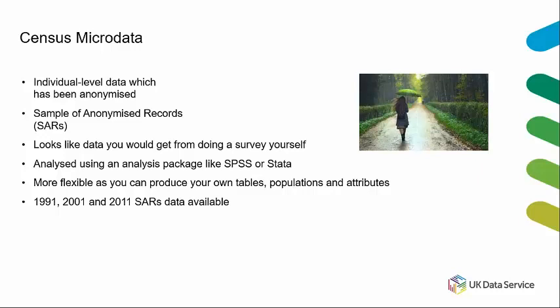And because individual records contain a wide range of individual and household characteristics, the data enables multivariate analysis for a wide range of purposes. So we hold contemporary data from the 1981 to the 2011 censuses and microdata samples from 1961 onwards. This microdata tends to be more flexible as you can produce your own tables, populations and attributes.